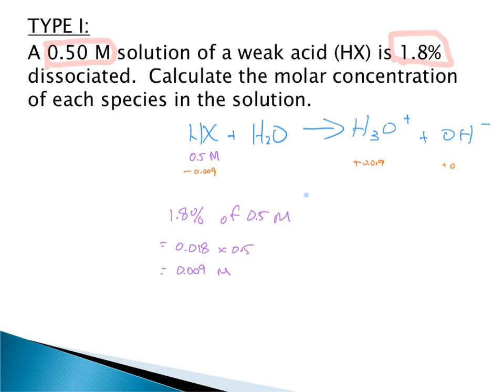The other species we're also going to go plus 0.009, and that's going to give us 0.491 molar for the resulting concentration of the acid, and of course 0.009 molar for both of the products in the chemical equation.